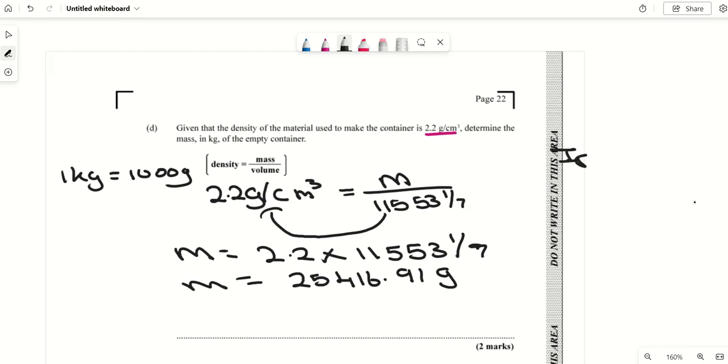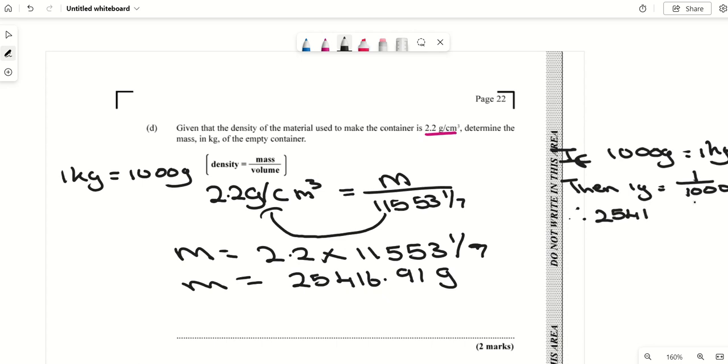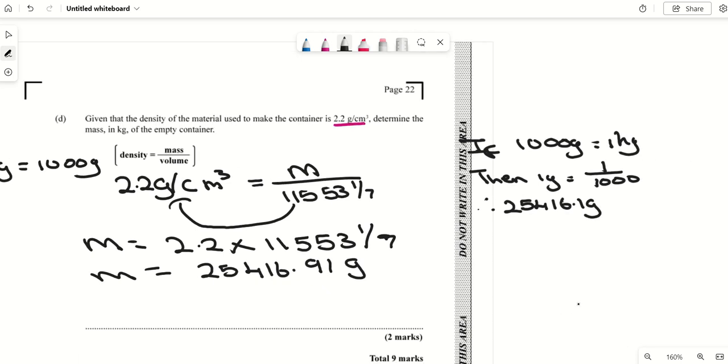If 1,000 grams is equal to 1 kilogram, then 1 gram would be 1 over 1,000, and therefore 25,416.91 grams would be 1 over 1,000 multiplied by that value.